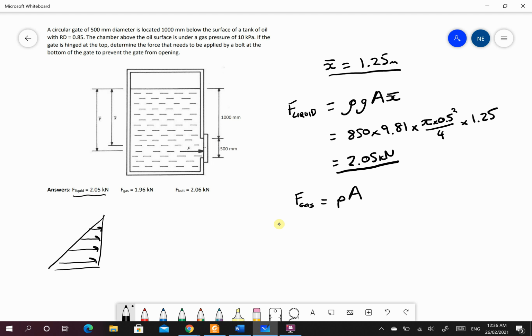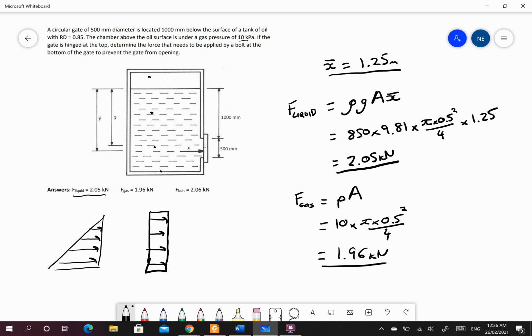For the gas, it is uniform, the pressure is in all directions. So we get a constant force profile like this. No matter where it is, this 10 kPa is felt here, here, here, the whole way through. So force of the gas is equal to 10 times the area, which is pi times 0.5 squared over 4, which gives us the answer of 1.96 kilonewtons.